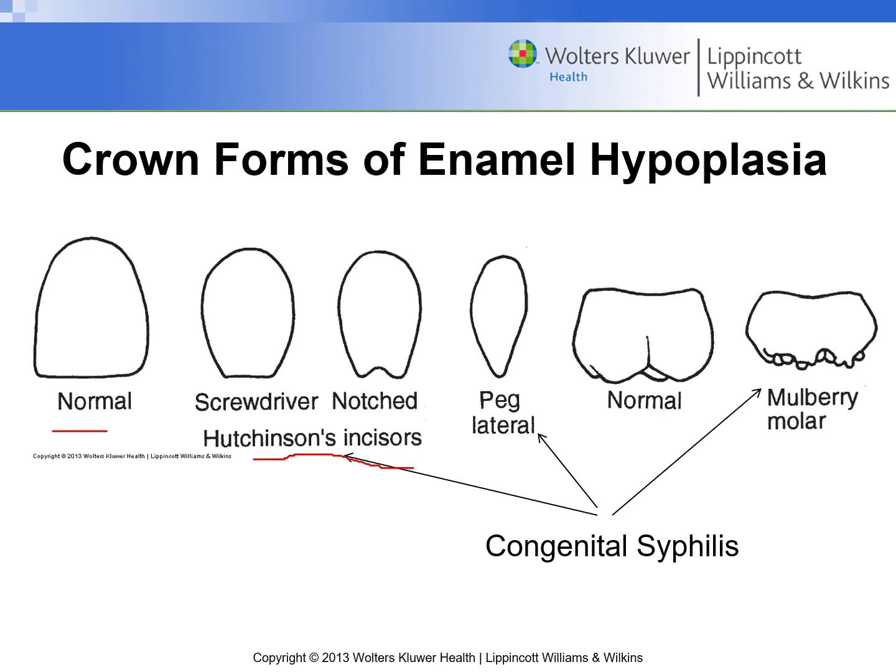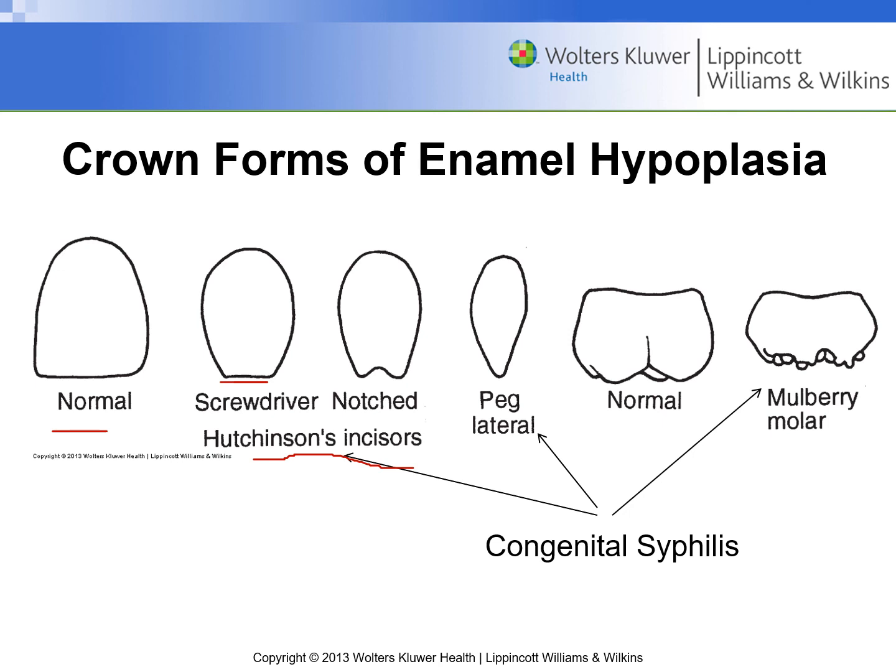This is called a screwdriver, and it is rounded up here and completely flat like this, on a lateral. Then you can have notched incisors, where it looks like someone just clipped a little notch into the edge right in the middle of the incisor.